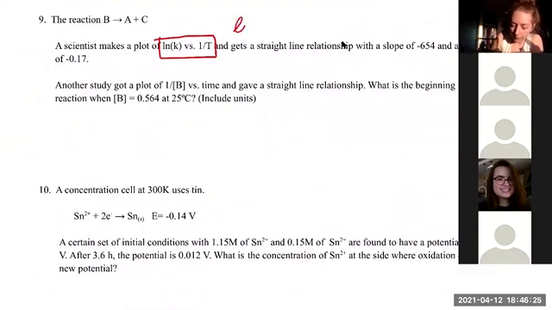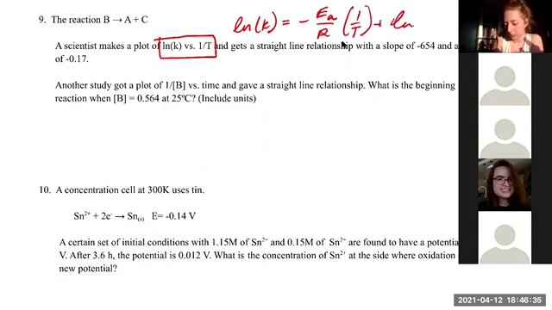I'll write it out this time. This A represents the Arrhenius factor. It does not represent the concentration of reactant here. It represents the Arrhenius factor. I know there's a lot of A's thrown around, a lot of K's thrown around.